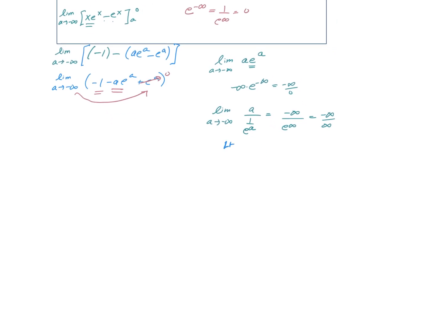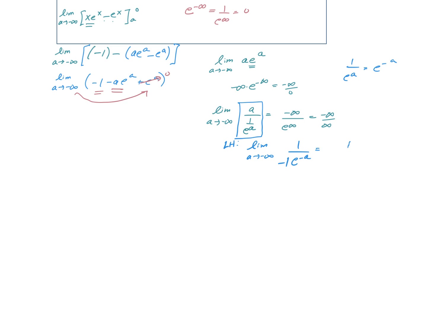So L'Hopital, I've got the limit as a goes to negative infinity. This becomes 1 over e to the negative a. The bottom is 1 over e to the a, which is e to the negative a. Remember, you rewrite it, multiply by the derivative of the exponent.